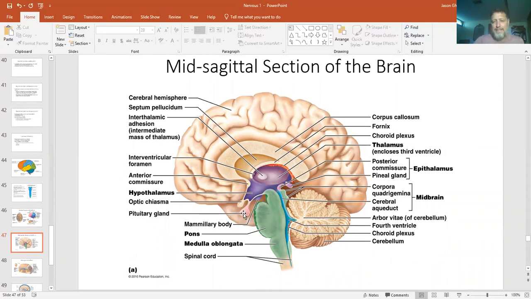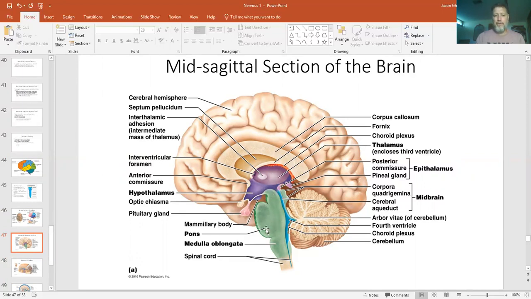Technically, the pituitary gland is not part of the brain, even though it is right there really close to it. It's more of the endocrine system because it controls hormones, and the hypothalamus communicates to the pituitary on that. So here's your pons. This helps direct things, impulses going to the brain or away.